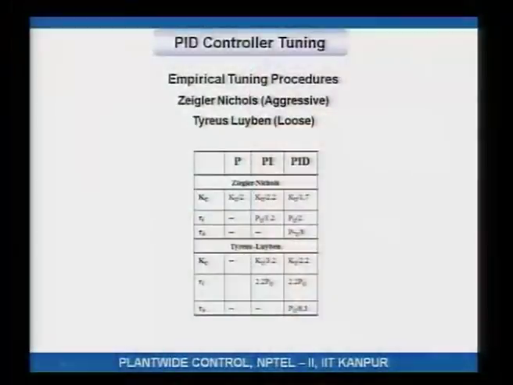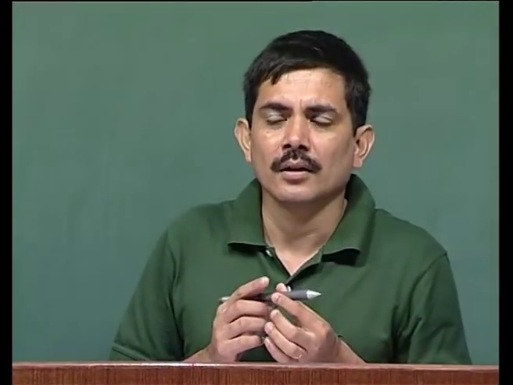Tyreus-Luyben tuning is more conservative. You will find that the gain implemented in Tyreus-Luyben is significantly less than what is recommended by Ziegler-Nichols. And Tyreus-Luyben is typically applied to distillation columns because you do not want very large, sudden, aggressive changes in, for example, the reboiler duty, because that can lead to hydraulic problems.